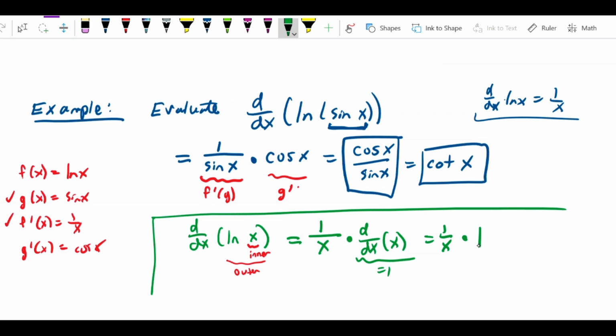In a sense, every problem is really a chain rule problem. It's just that when the inside function is x, the last thing that you're doing is multiplying by 1. So you just don't see the chain rule step in a normal problem. It's only when I put one function inside another that you actually have to pay attention to what g prime is. Because if g, the inner function, is just defined to be x itself, then its derivative is 1, and you never see the g prime part of the chain rule.